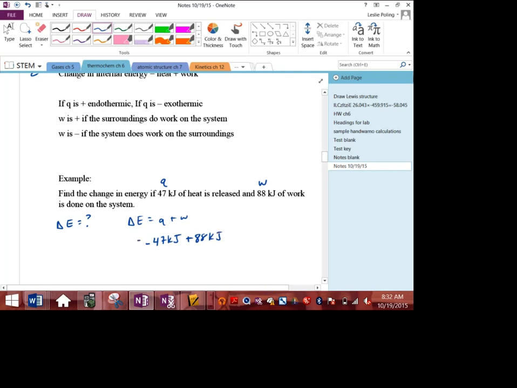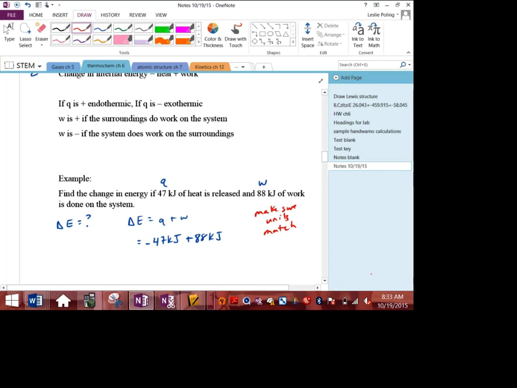Okay. Another thing to check with these, make sure your units match, because you can't add joules and kilojoules. So you have to make sure they're both kilojoules or they're both joules. And that goes for other thermo calculations we do.